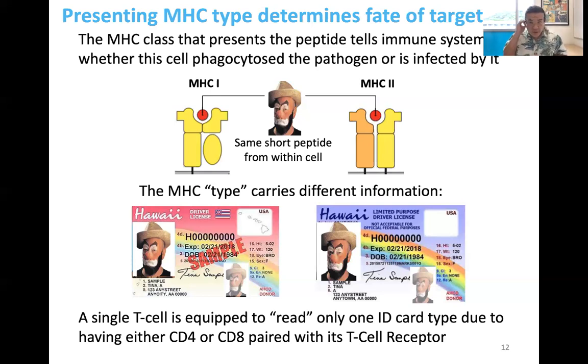And the reason I say that's important is because students often ask me, well, if you have an infected cell that's presenting this red dot on MHC1, and you have a helper T cell that has the right T cell receptor to recognize this red dot sitting on MHC, does that mean that the helper T cell won't actually recognize this?